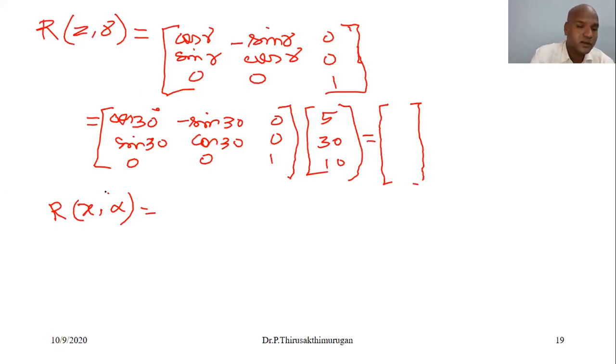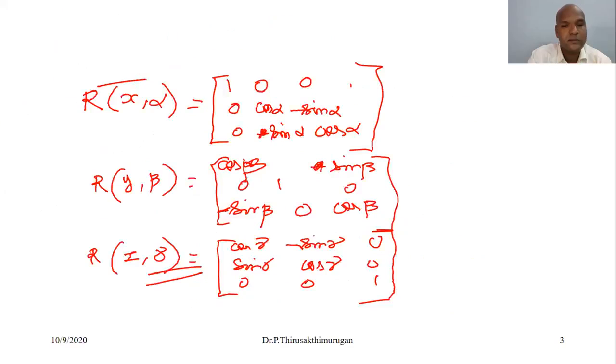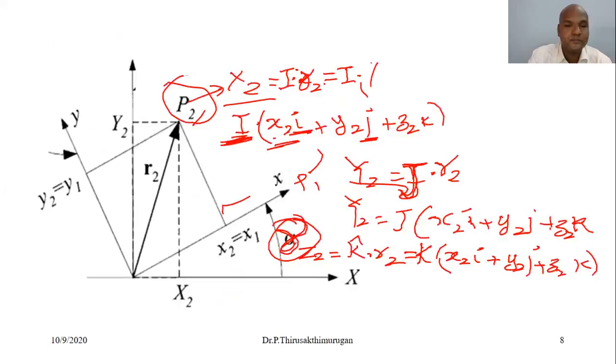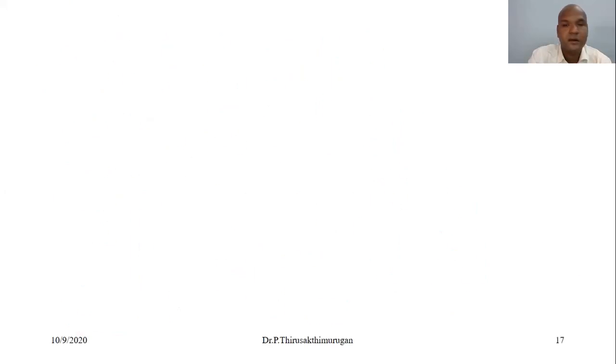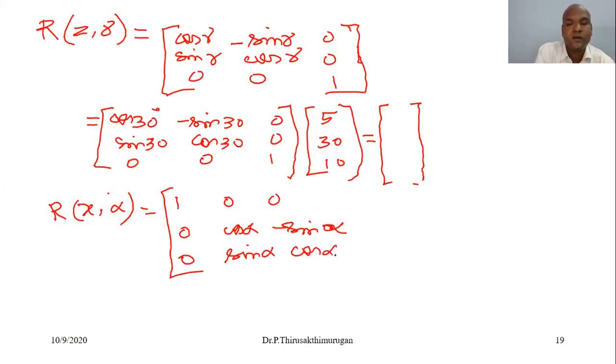So first write the formula for the X axis: 1, 0, 0; 0, cos alpha, minus sin alpha; 0, sin alpha, cos alpha.